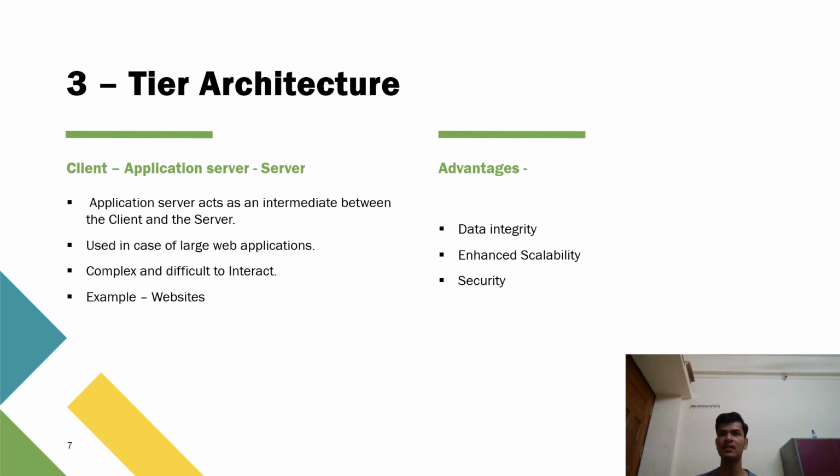The client provides queries to the application server, and it communicates with the server and provides the results. It is used in the case of large web applications, but it is complex and difficult to interact.